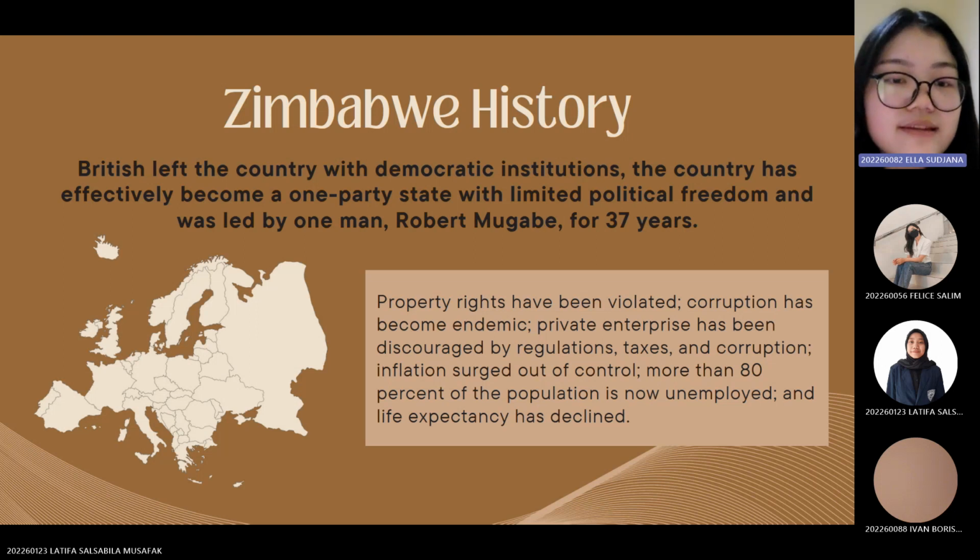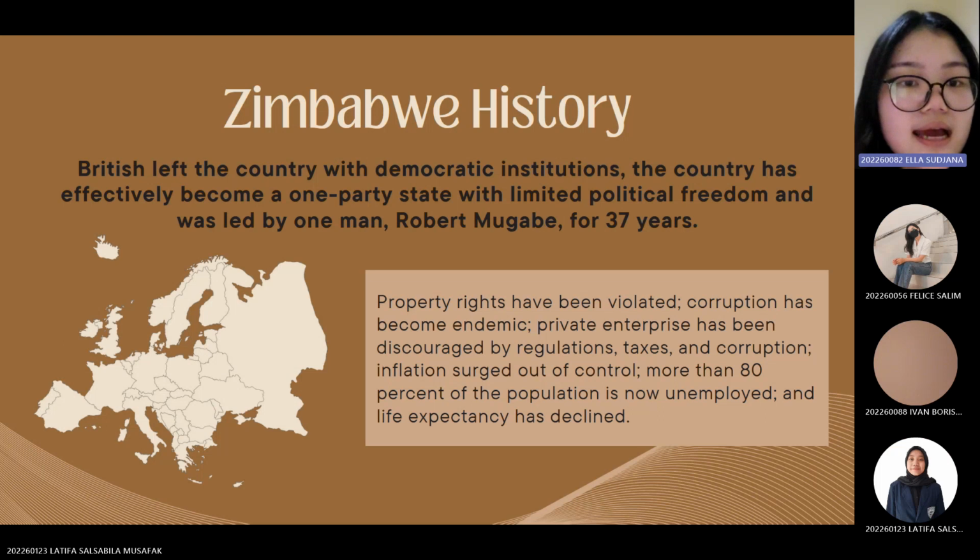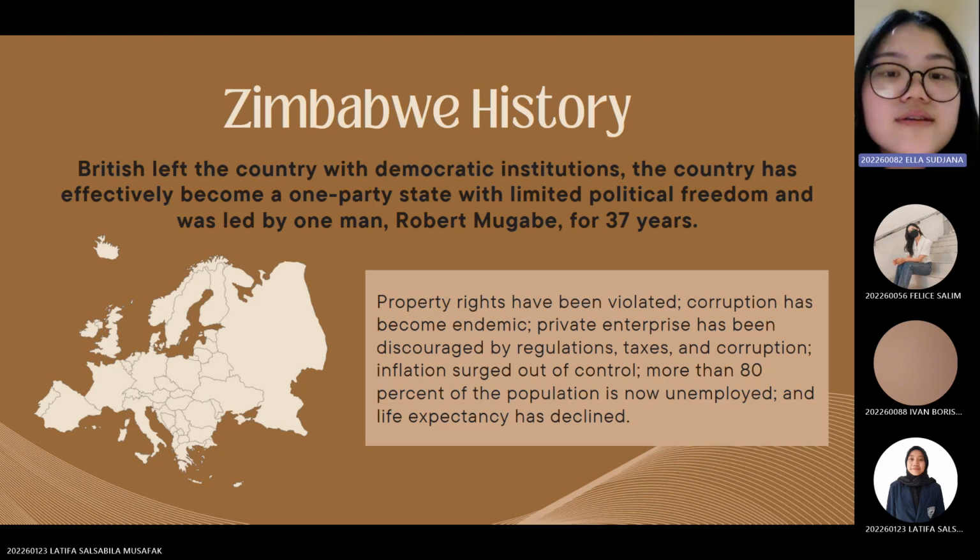But other than a bad inflation rate, they also have other problems, such as property rights being violated, corruption becoming endemic, and private enterprise being discouraged by regulations, taxes, and corruption. More than 80% of the population is now unemployed, while the normal unemployment rate usually stands at 4 to 5%, which is far above the normal average. And lastly, life expectancy has declined.